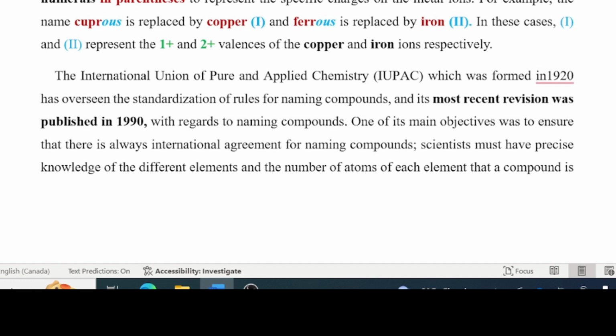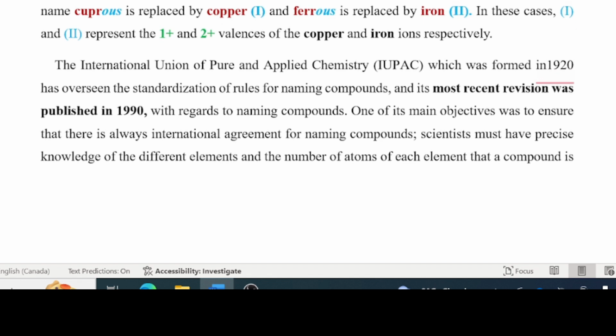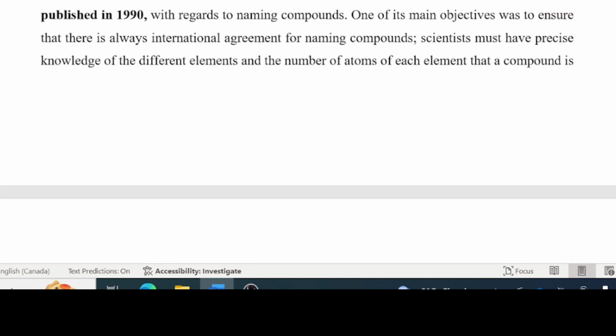The International Union of Pure and Applied Chemistry, IUPAC, which was formed in 1920, has overseen the standardization rules for naming compounds, and its most recent revision was published in 1990. One of its main objectives was to ensure there is always international agreement for naming compounds.